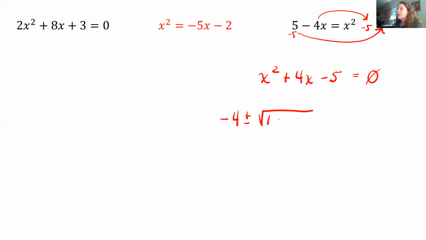So I'm going to do the opposite of B, plus and minus the square root of B squared minus 4 times 1 times negative 5, divided by 2 times 1. So 16 minus 4 times 1 times negative 5 is equal to 36. Now 36 is a perfect square.